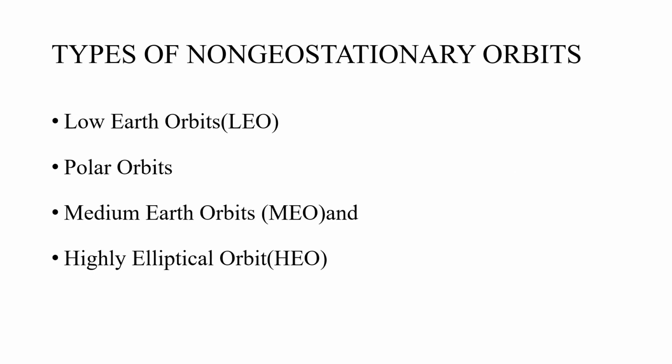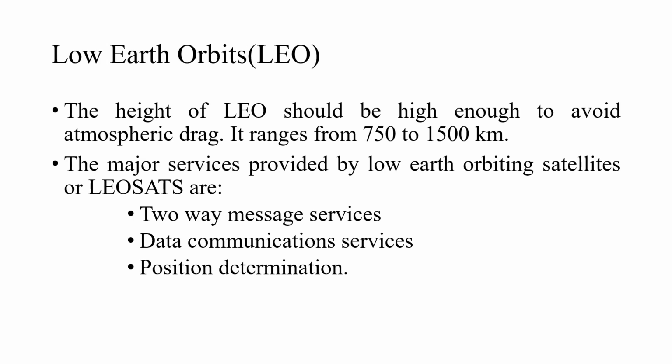Next, the types of non-geostationary orbits. It is classified into four types: low Earth orbit, polar orbit, medium Earth orbit, and highly elliptical orbit. Low Earth orbit is named LEO. The height of the LEO orbit should be high enough to avoid atmospheric drag, so it ranges from 750 km to 1500 km.